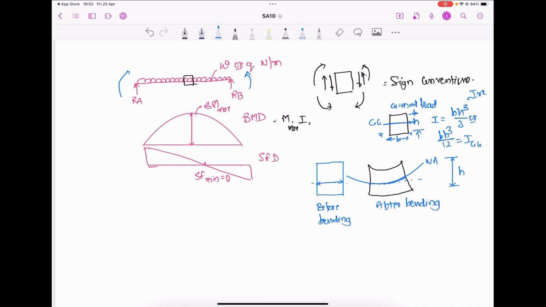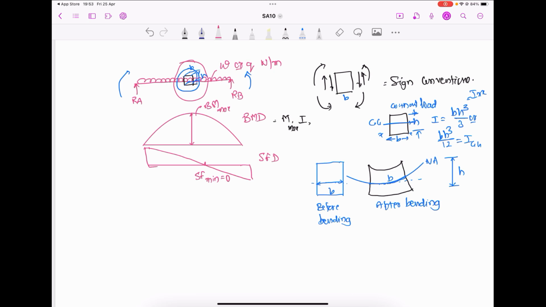Let us call it B, the width. Whatever B is here, the same B is here. I am looking at it as a cross section. When you see this portion as cross section only, then this is B and this is H. For your convenience, I made it a little bit magnified.